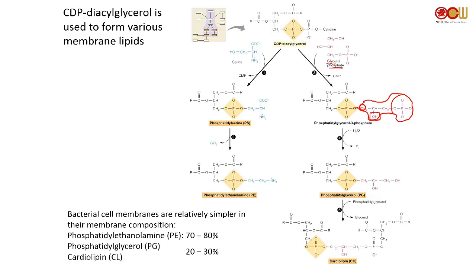Okay, so you used up one OH to react with your CDP. Okay, so you form a link right here. Okay, you form a link right there, and then okay, you get rid of your phosphate. Okay, you use a phosphatase. Okay, some kind of a phosphatase, and then you get rid of your phosphate, becomes hydroxyl group.